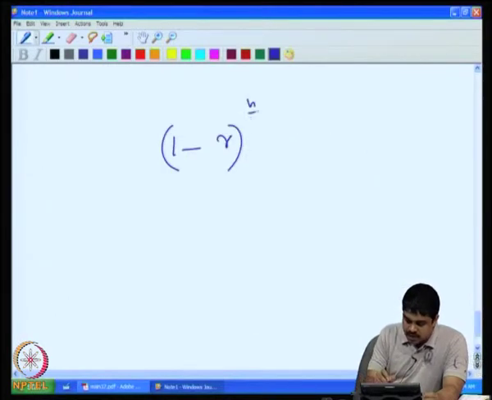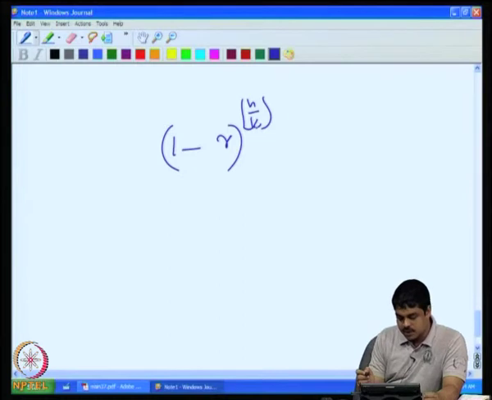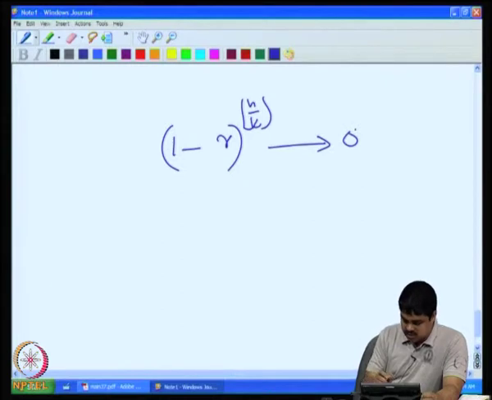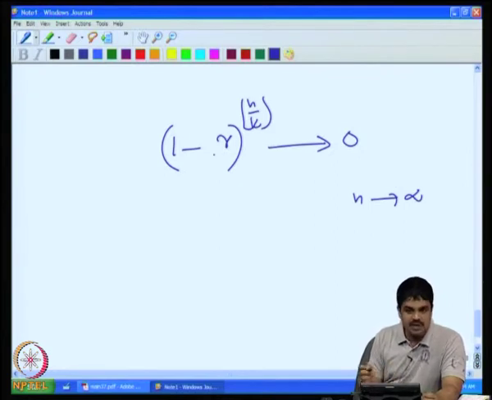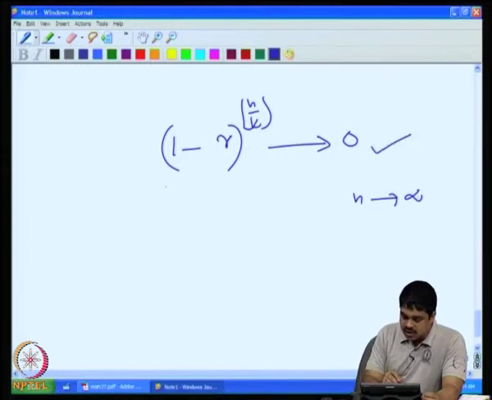It will become (1 minus r) to the power n by k, and as we can easily see, this probability will tend to 0 as n tends to infinity, because r is a number which is greater than 0 and less than 1 anyway, because it is a probability. So, as n tends to infinity, the probability that H is not isomorphic to any subgraph of G will tend to 0.